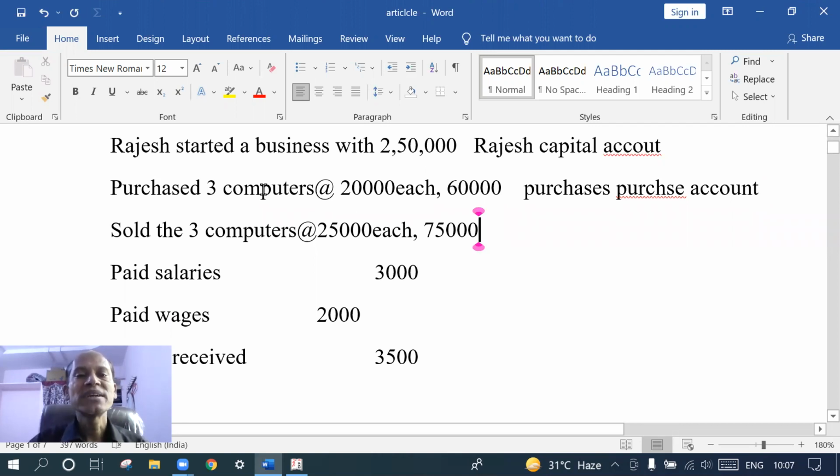Computers is the inventory, not the ledger. Purchases we enter, whereas for the inventory or stock items, we have to create the stock item on the name of computers.